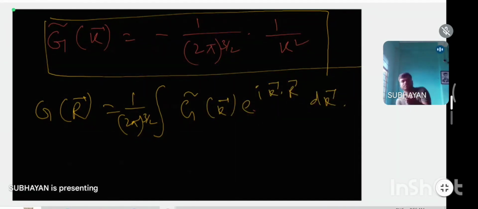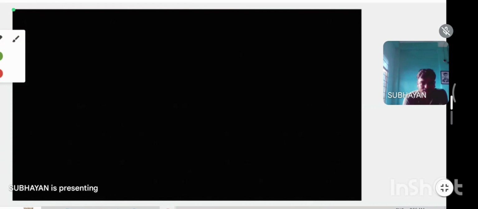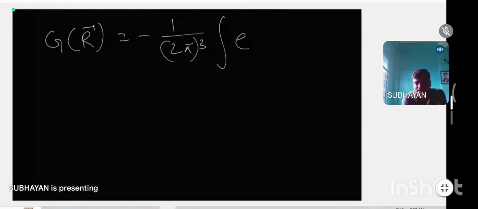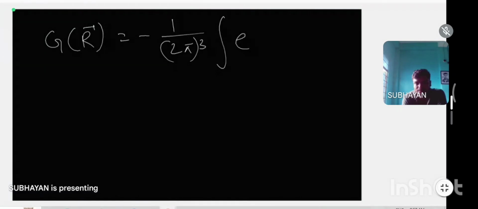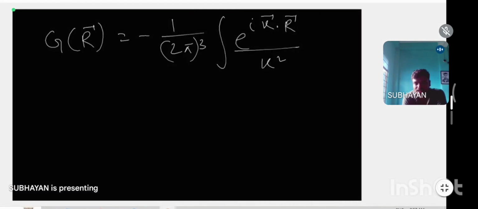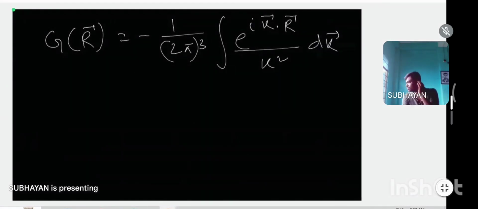Now you can put the value of G tilde k here, and quickly you can write G of R equal to minus 1 by (2 pi) cube, integral of e to the power i k dot R by k square d cube k.